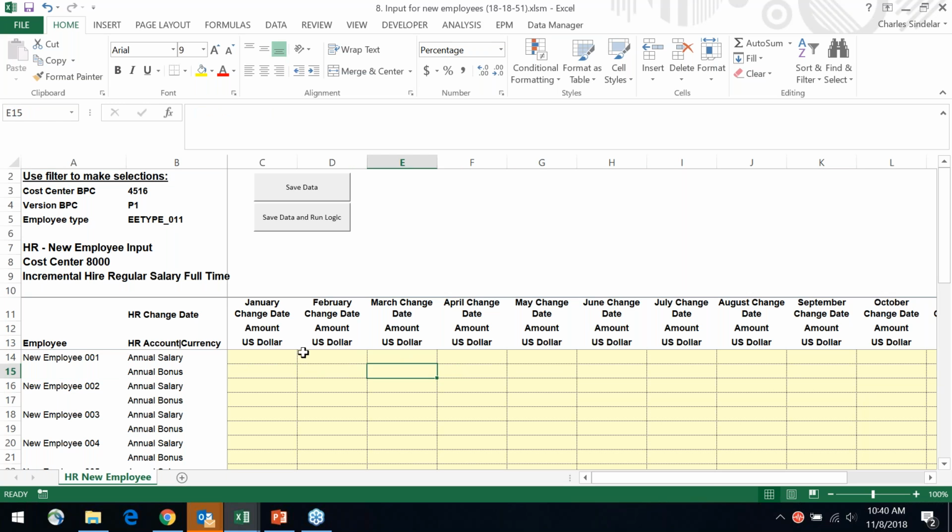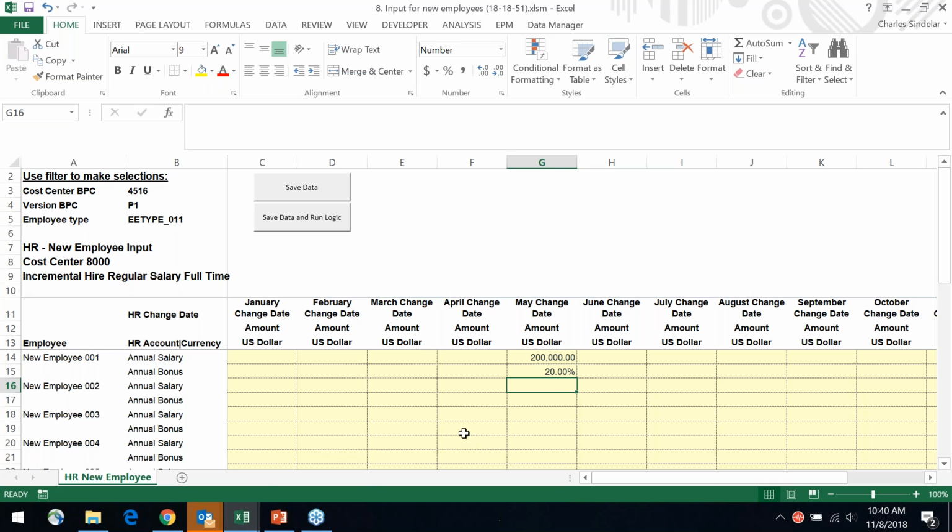So there's master data here just for new employees. It's very simple to put in the date that they're going to start. Let's say someone's going to start in May, making $200,000. Why not? Let's play money, get a 20% bonus, save that, run the logic, and it calculates all the way through.